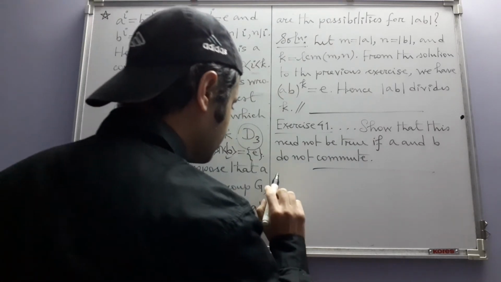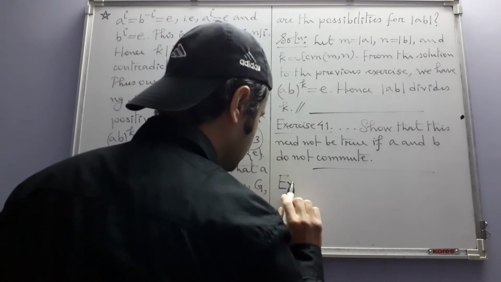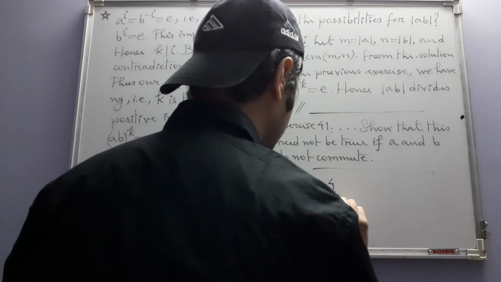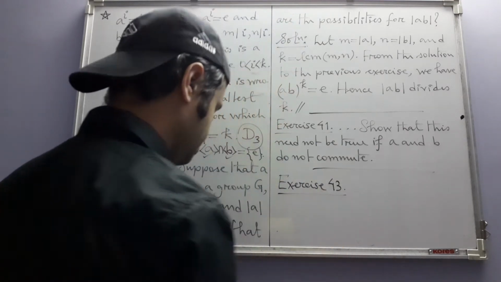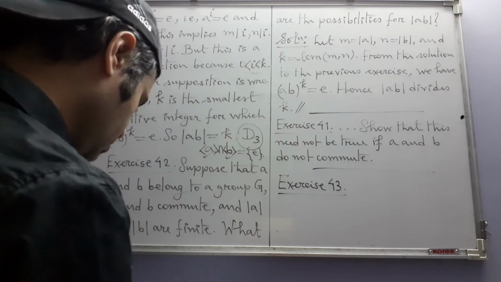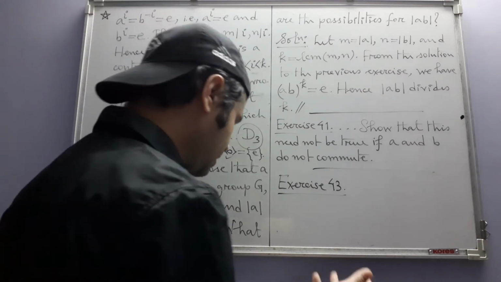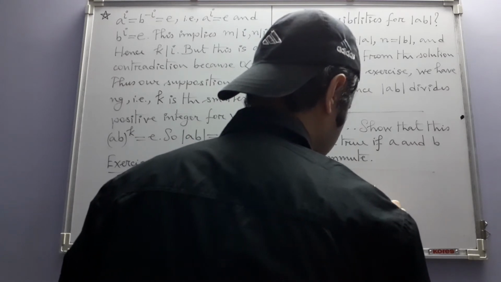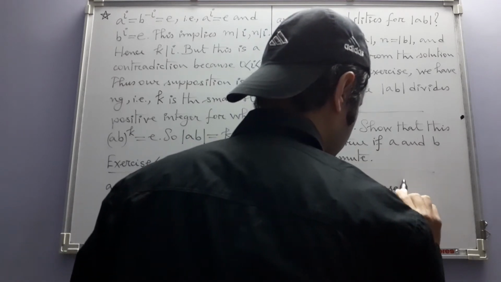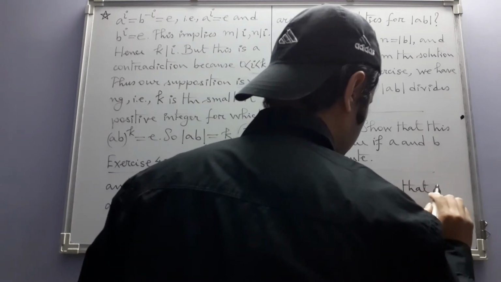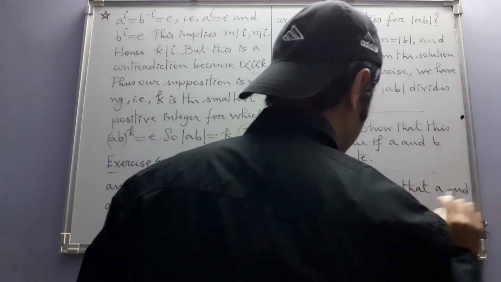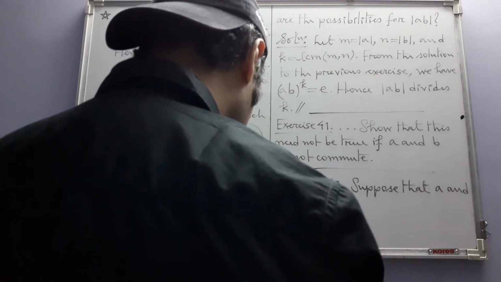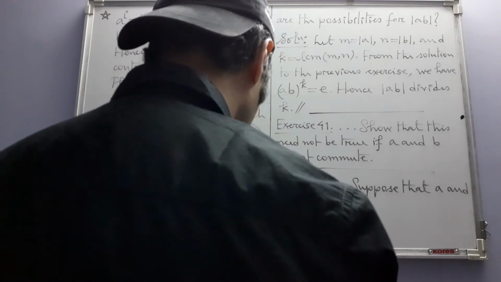Anyway, let us continue with exercise 43. This starts just like exercise 42. Suppose that A and B belong to a group.